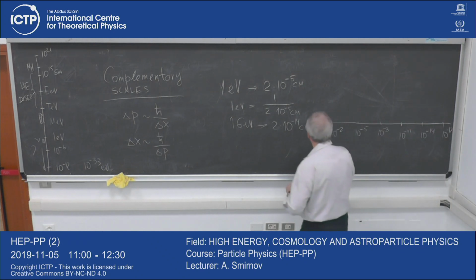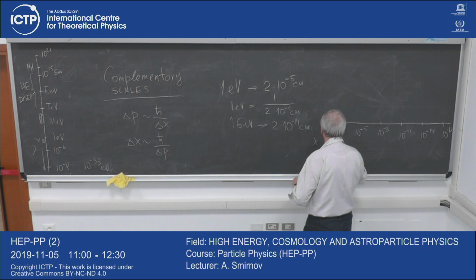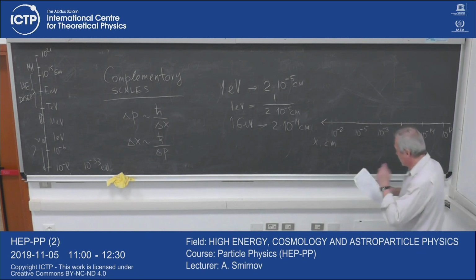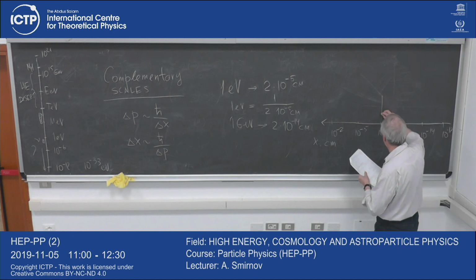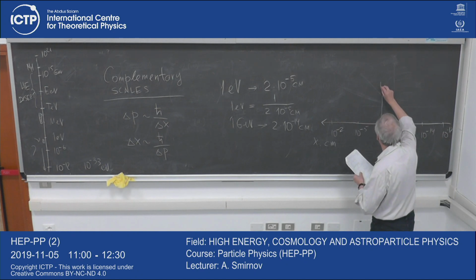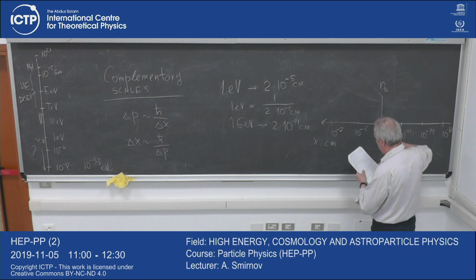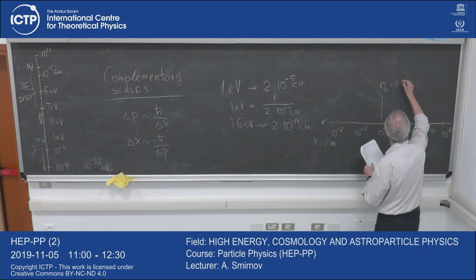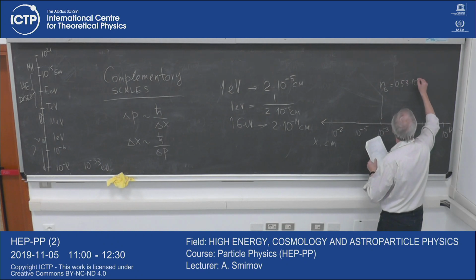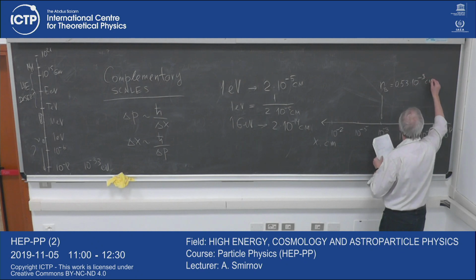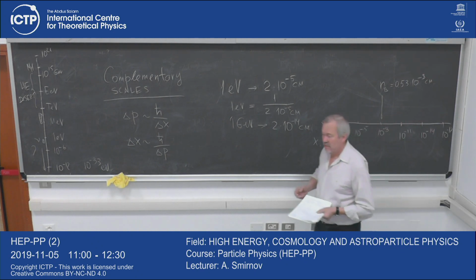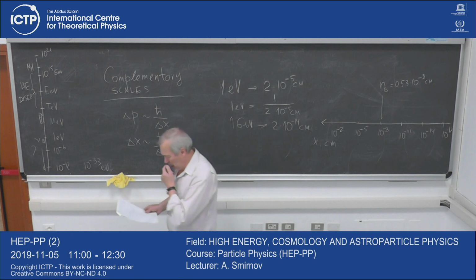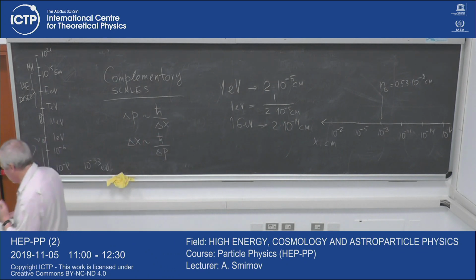These are distances in centimeters. So important scales are around 10 to the minus 8 here. And this is the Bohr radius, which is 0.53 times 10 to the minus 8 centimeters. And this is the typical size of the radius, and the typical size of electromagnetic phenomena.